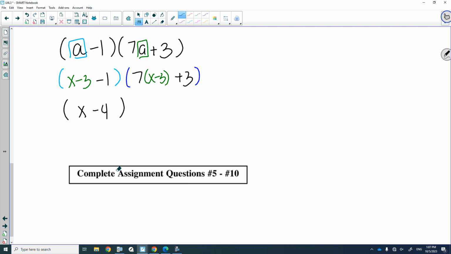This graph would have an x-intercept at 4. And then this one, Baden, what's the other factor that you got? 7x minus 18. You're good? Yes.